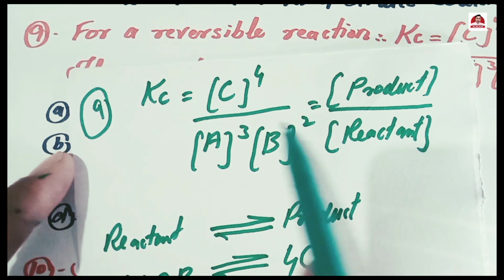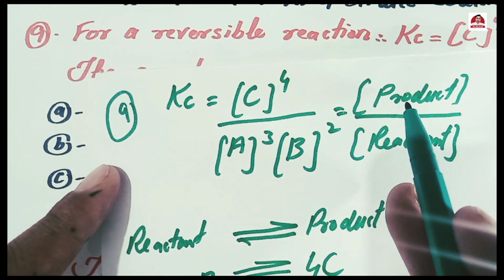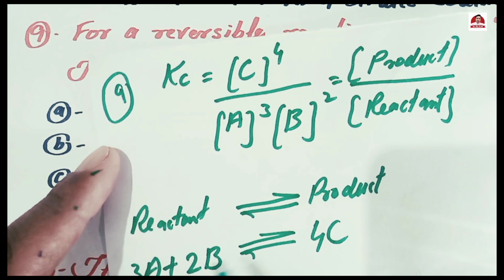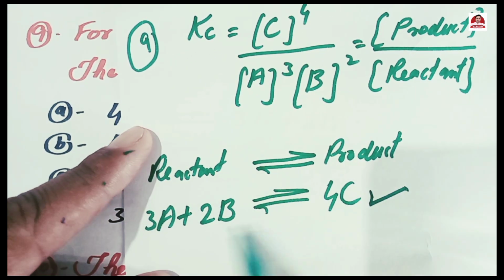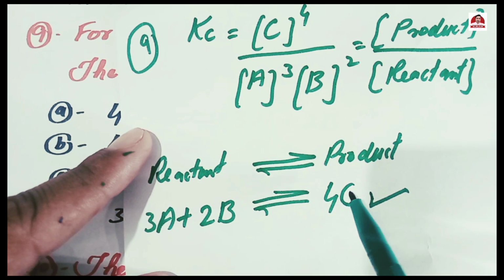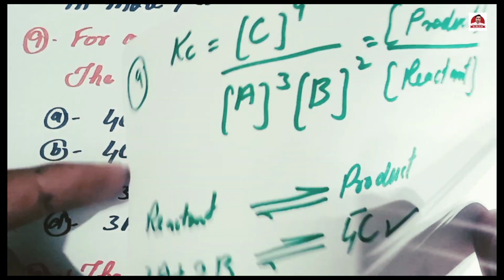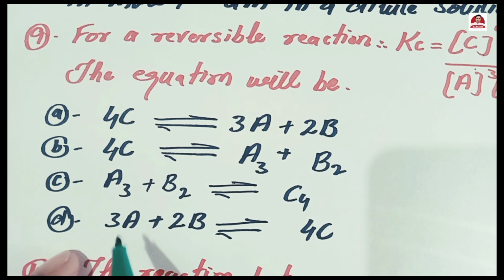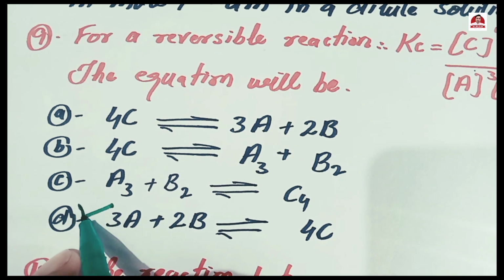So if we write this in equation form, we write the concentration of the product and the concentration of the reactant. So in this way, option D is correct.